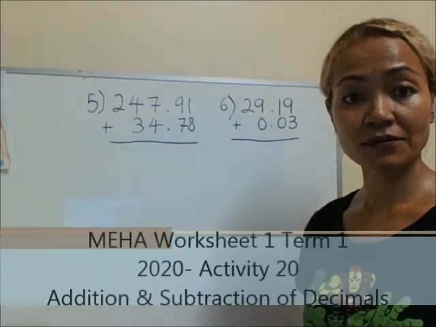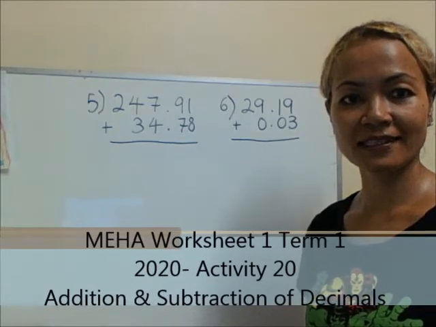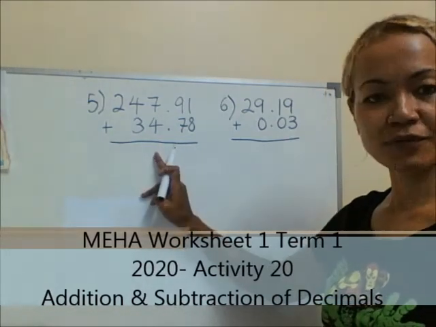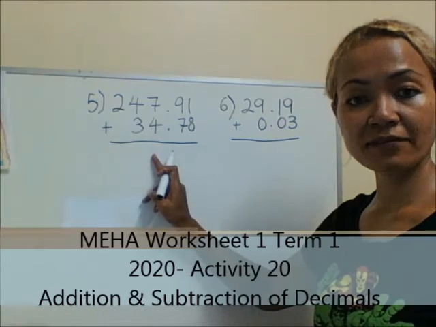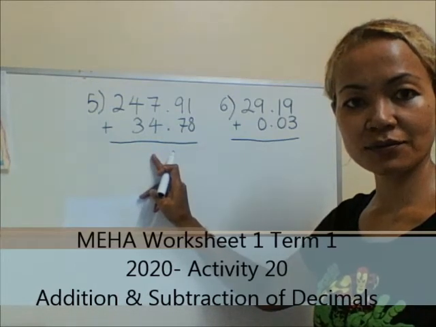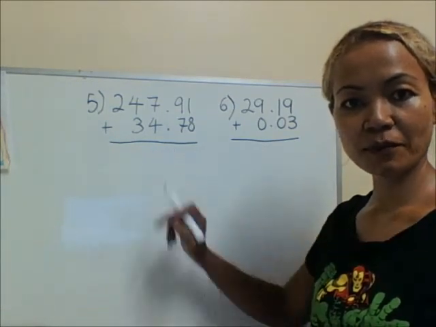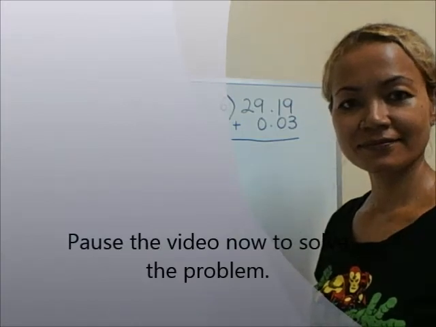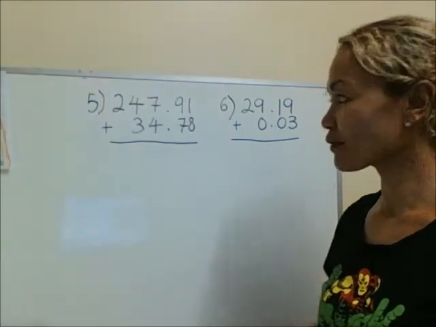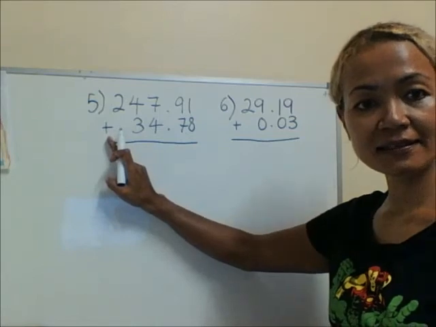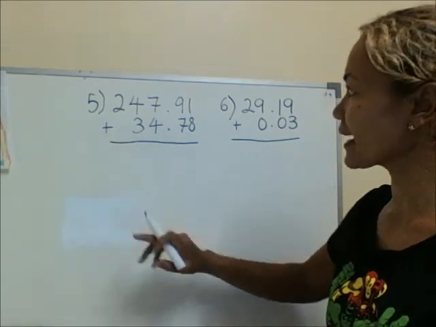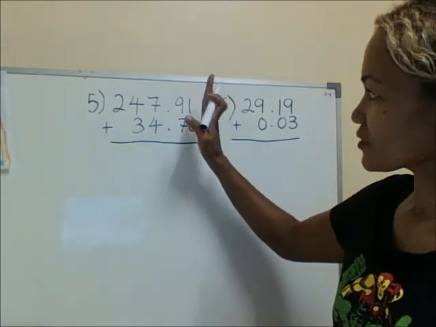On to the last 2 questions of activity 20. And before I solve number 5 here, I'll give you time to solve the problem yourself. Did you get it? Okay, check. Is it subtract or add? It's add. Okay, you clear? Here there's no problem.